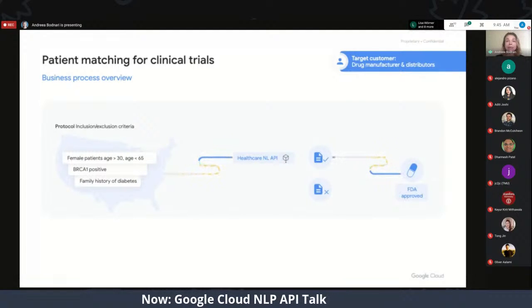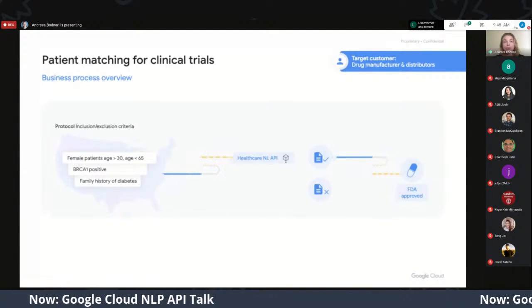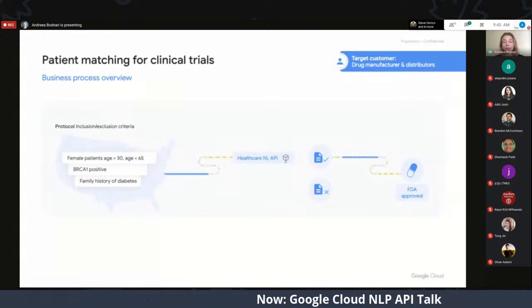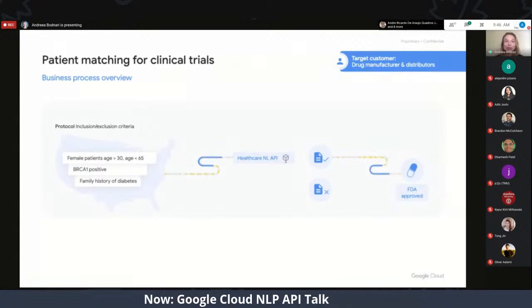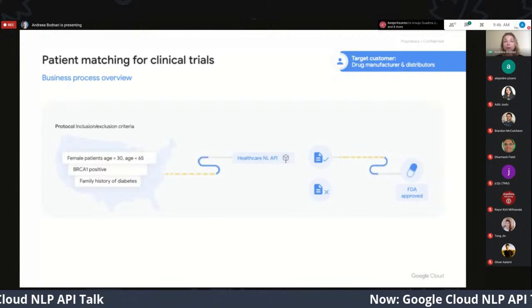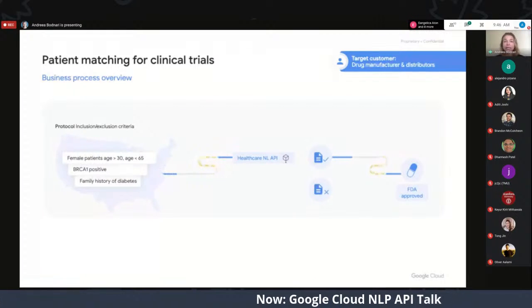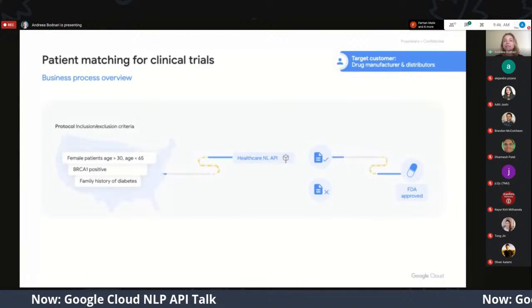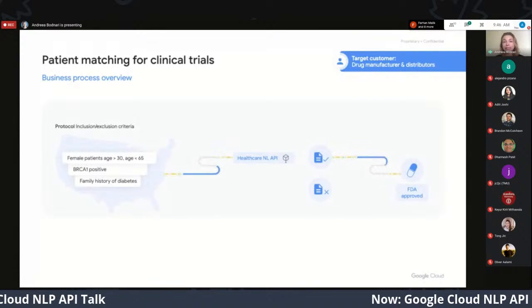So if you think about how clinical trials are run, you design a protocol with inclusion-exclusion criteria, and you have to run through both numerical data points as well as written medical records to identify who qualifies based on your protocol criteria.